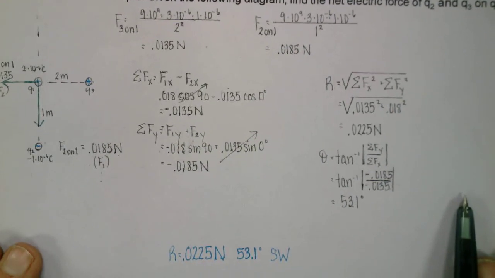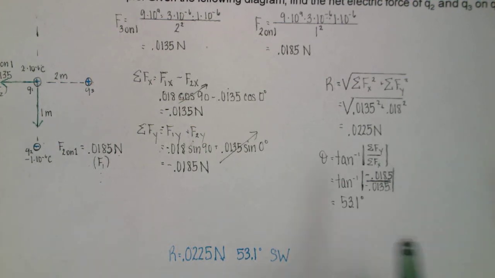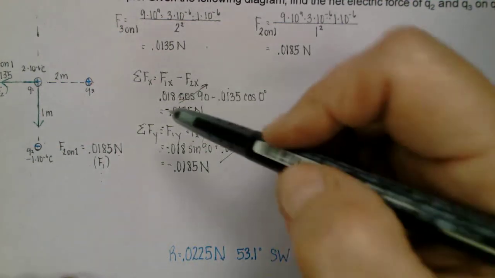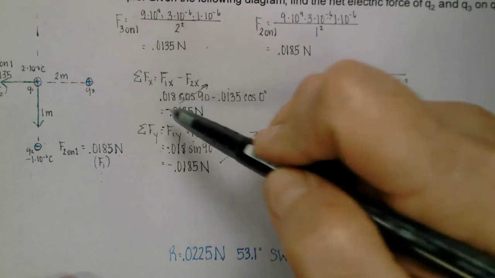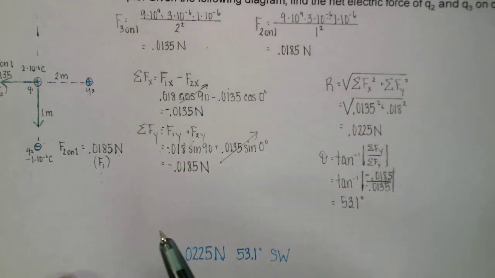But now I have to figure out what my direction is going to be. And because I have a negative x and a negative y, the only quadrant where both x and y are negative is quadrant 3, which we call southwest. So my final answer is, again, I have to have magnitude, unit, angle, and direction. 0.0225 newtons, 53.1 degrees, southwest.